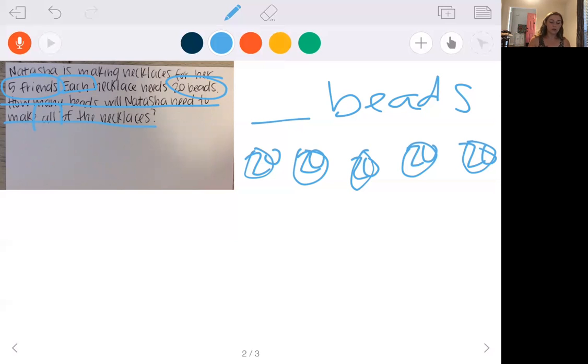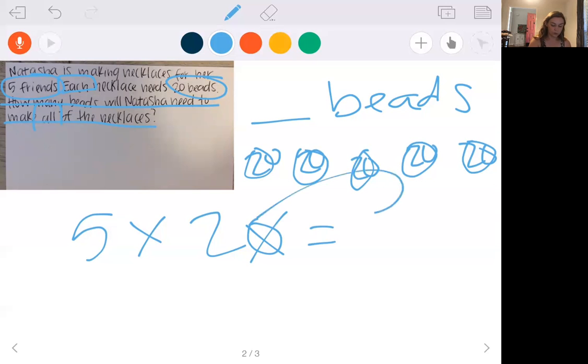So now I'm going to write the equation. It says I'm going to have 5 friends times 20 beads per necklace. And we're going to use our trick that we used last time. I figure out which one is my multiple of 10, I take the 0 and put it at the end.